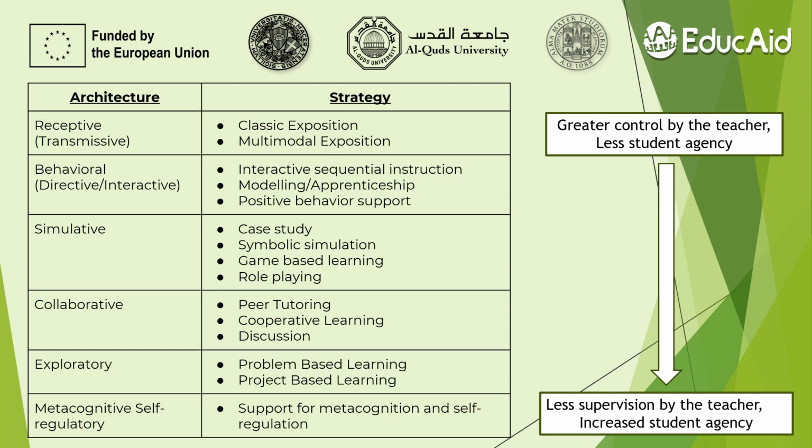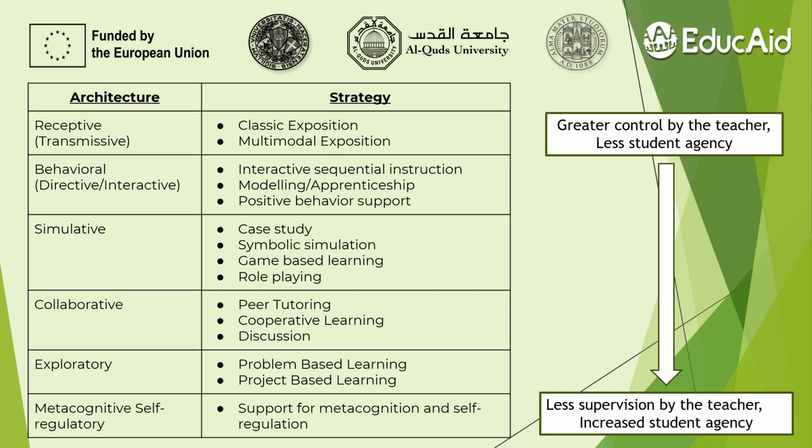Then we have the exploratory architecture, containing problem-based learning and project-based learning. And then we have the last one, a very particular architecture. It's called the metacognitive self-regulatory architecture, where we can find the strategy called support for metacognition and self-regulation.